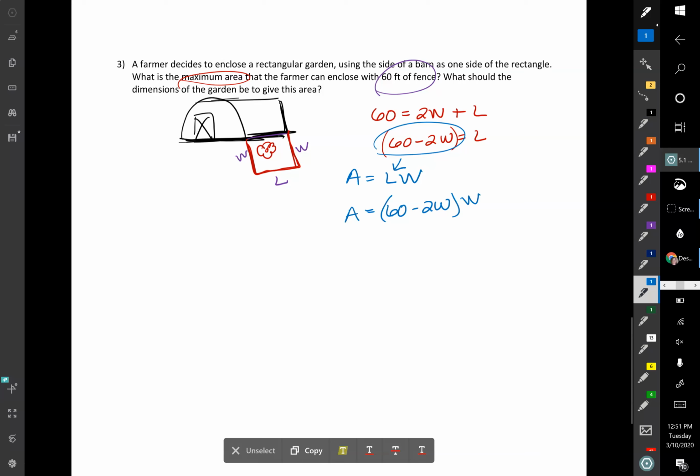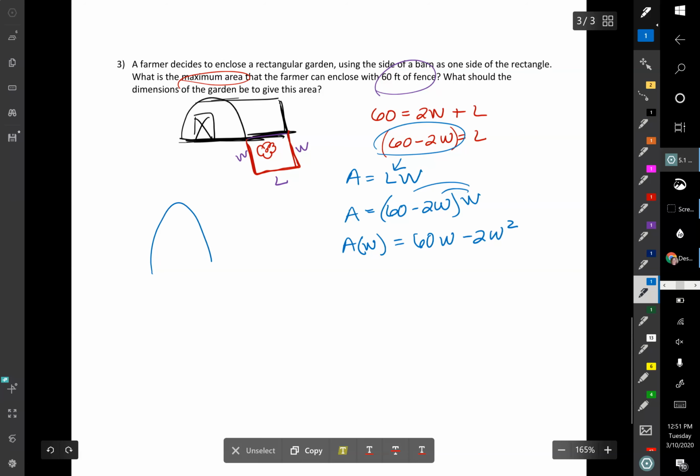So now we're going to distribute that W. So we will have A of W equals 60W minus 2W squared. And if we think about that, it's going to be a curve like this because our A is negative. So what would our maximum area be?